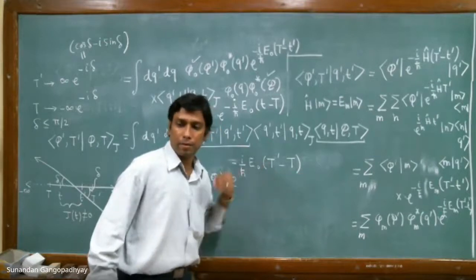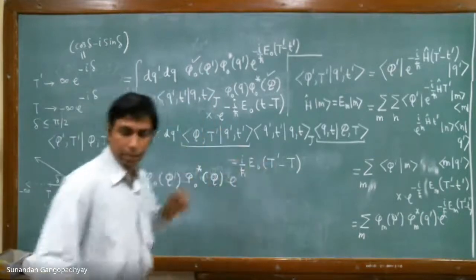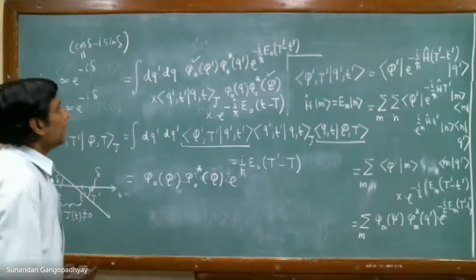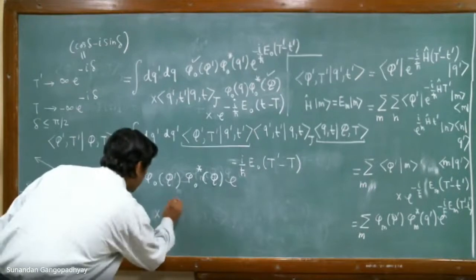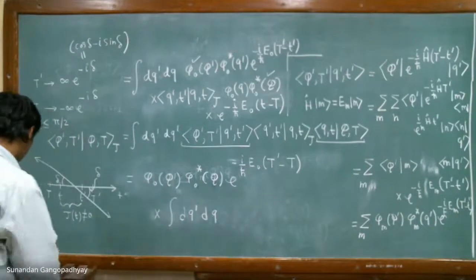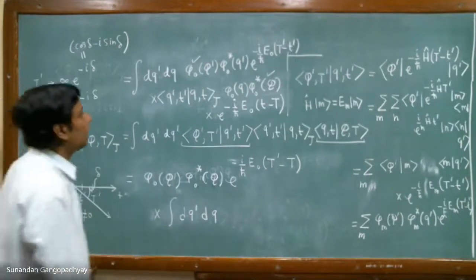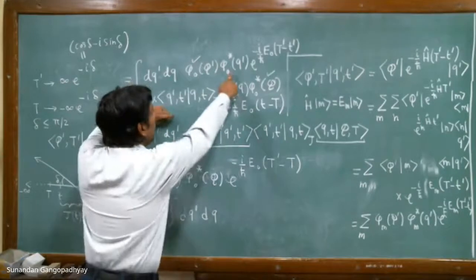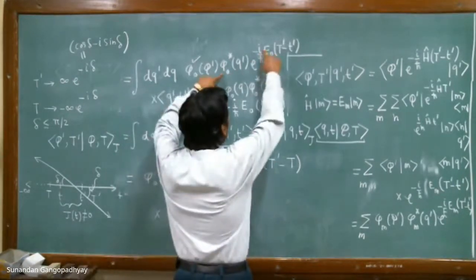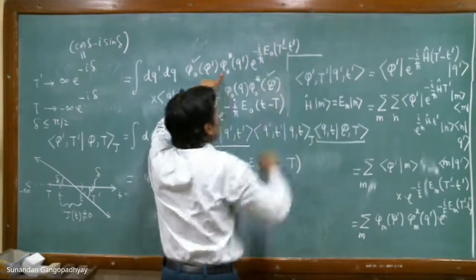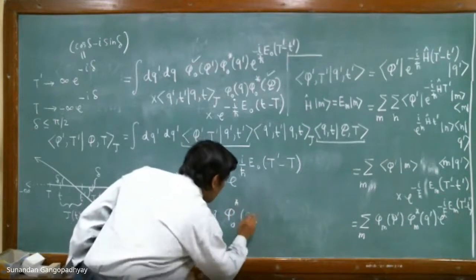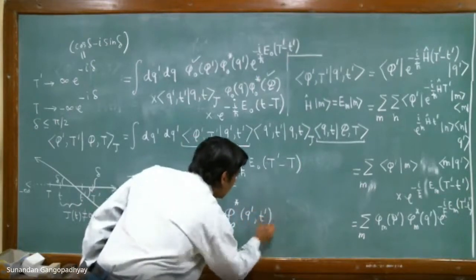These are the final time and the initial time, right? So you can take it outside the q integral, small q prime integral, and then inside the integral we have the following expression: dq prime dq. We have phi naught star q prime, but phi naught star q prime is multiplied by e to the power of i by h bar E naught t prime. So you can combine it again and write it as phi naught star q prime t prime.